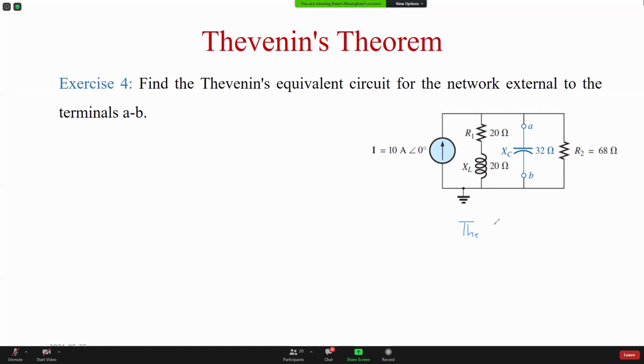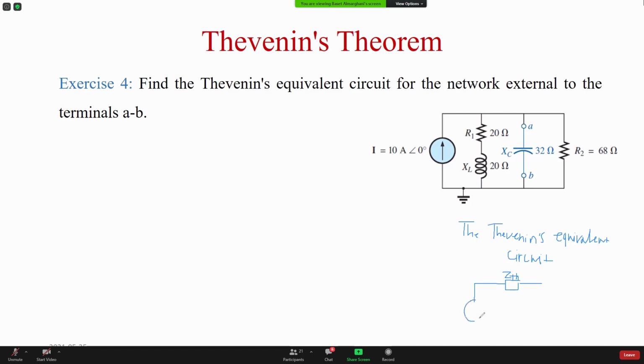So the Thevenin equivalent is going to be impedance, Z Thevenin, and source.